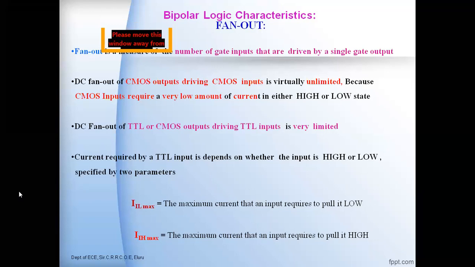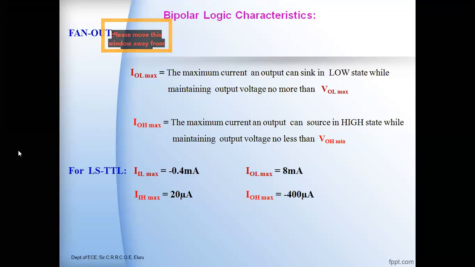Along with these two parameters, we have two other current parameters, IOL maximum and IOH maximum. IOL maximum is the maximum current an output can sink in the low state, and IOH maximum is the maximum current an output can source in the high state.